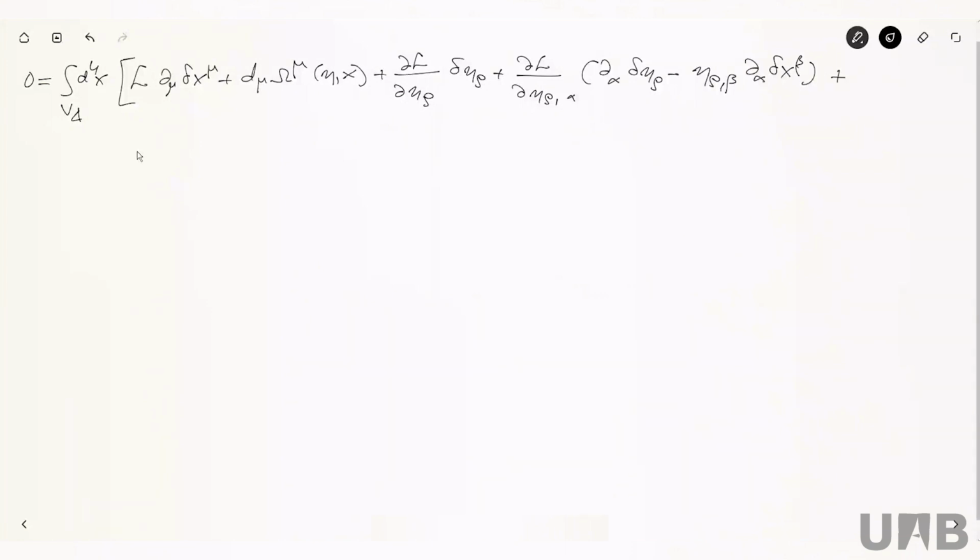And now comes the term that we just want to rewrite. So this dx mu times derivative mu of L, total derivative, minus the two terms, minus dL d eta rho comma mu, minus dL d eta rho comma alpha d mu eta rho comma alpha.